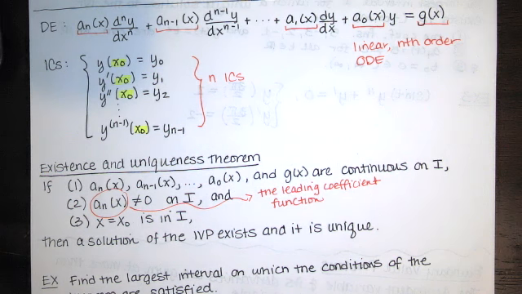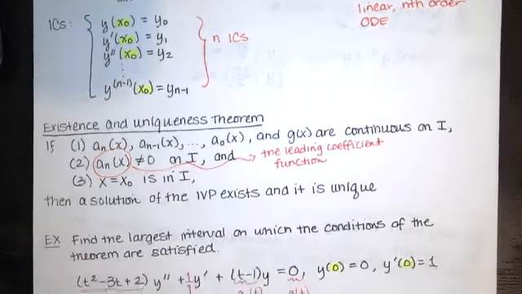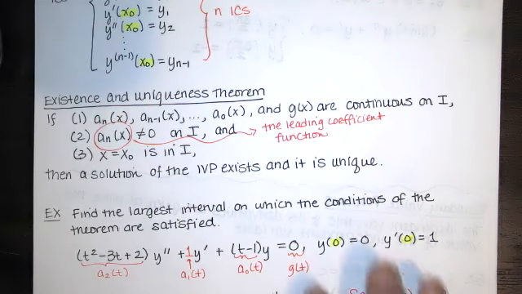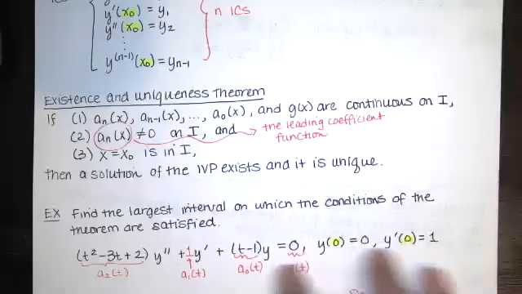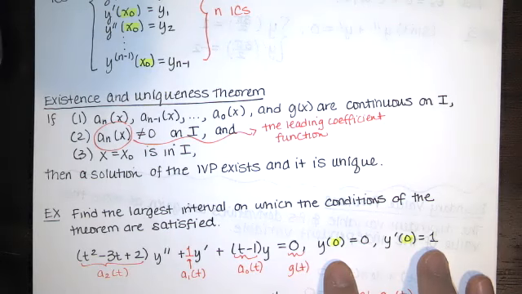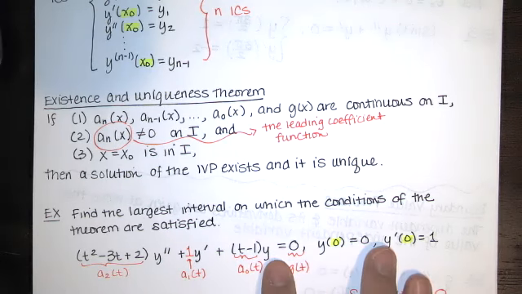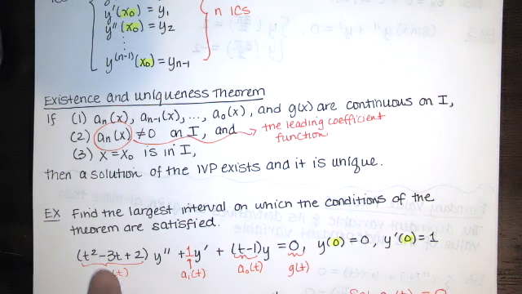So we might be asked to determine the largest interval on which the conditions of the theorem are satisfied. In other words, where's the largest interval that we can expect to find a unique solution to this initial value problem? Well, first of all, I notice that it's a second order differential equation, and I'll label this a sub 2 of t.